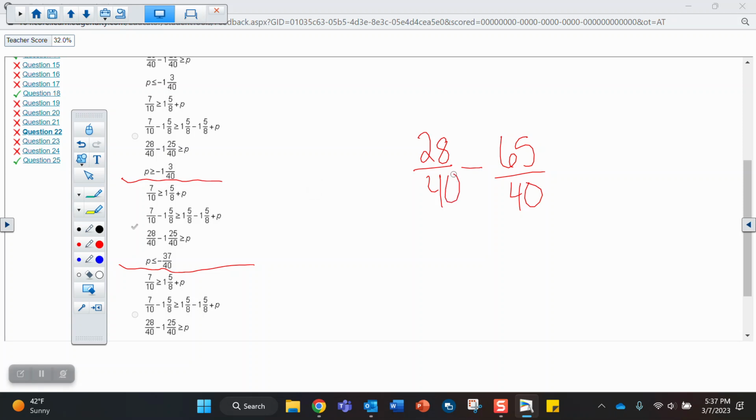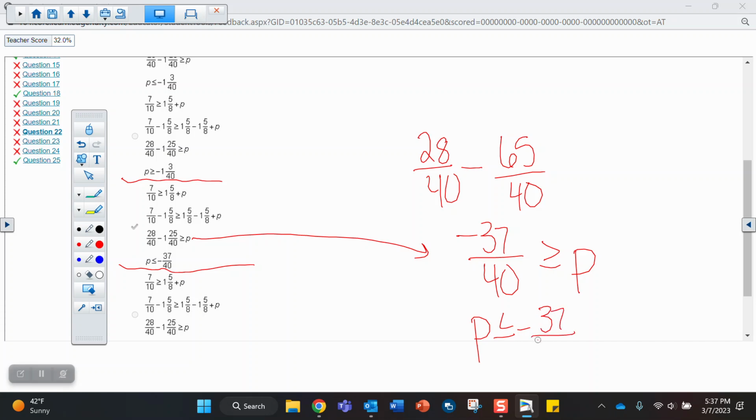Oops, that's 40. And so then when you subtract 28 minus 65, I just grabbed my calculator, it is negative 37. And the denominator stays the same. And so this is what it would have looked like, if you were to subtract the fractions as improper. And then we need to rewrite it. So p is less than or equal to negative 37 over 40.